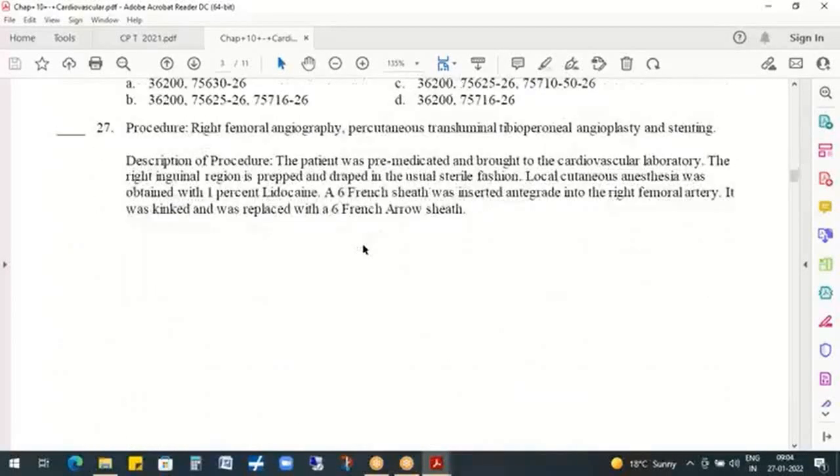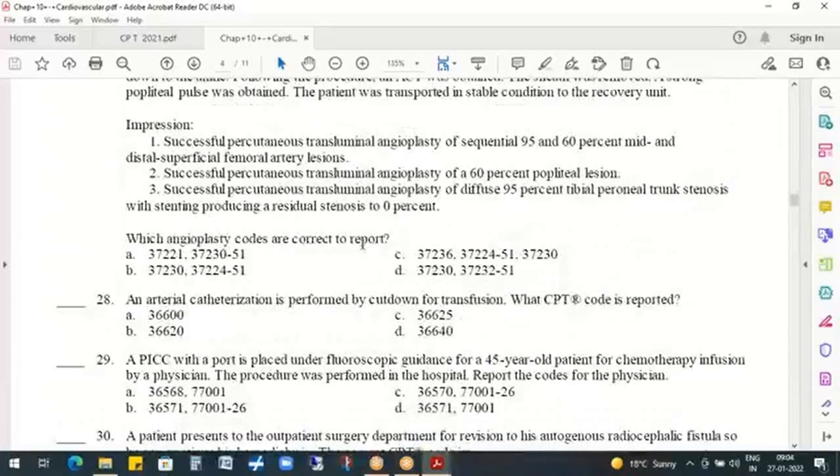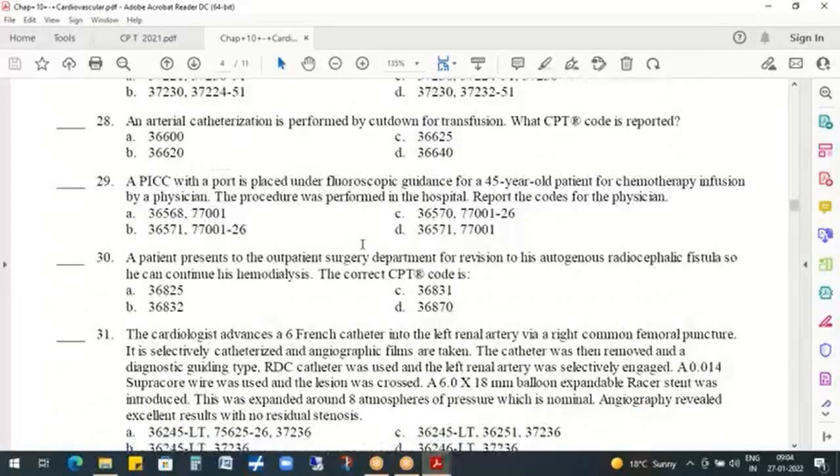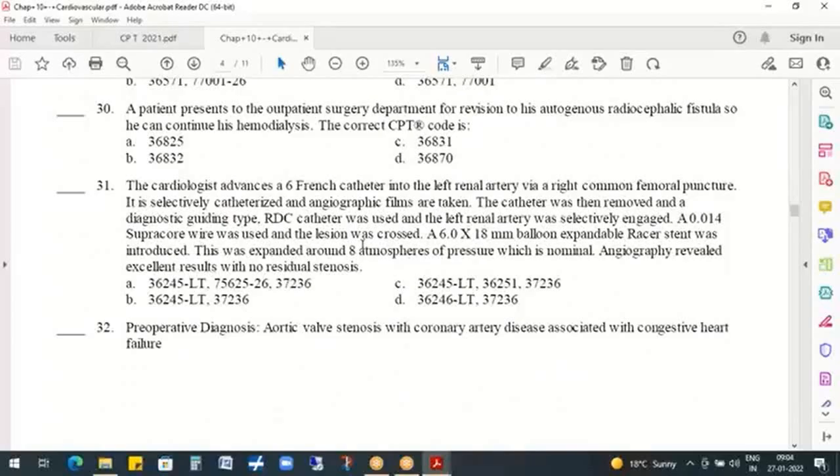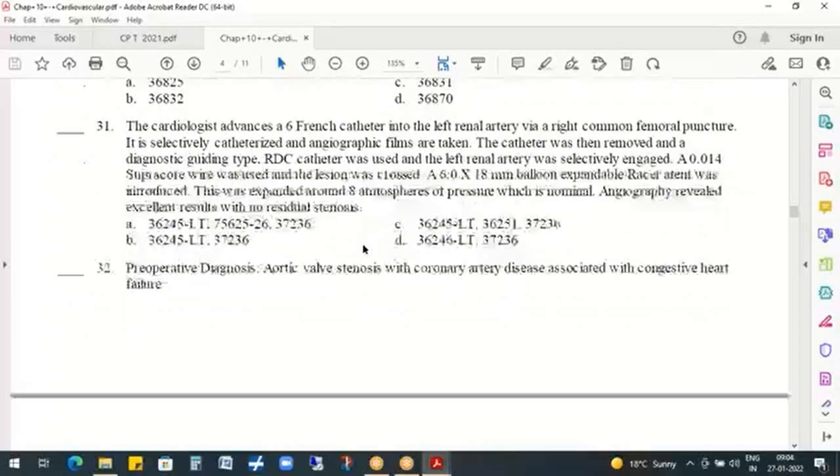Arterial family. Can you see question number 31? Are you there, everyone? Question number 31.